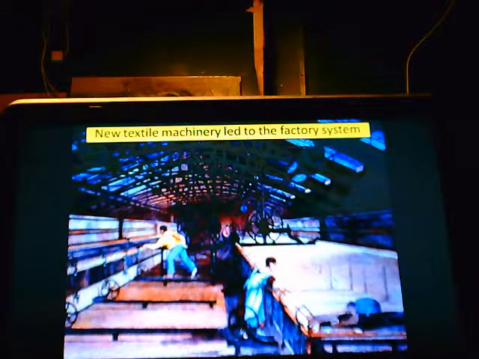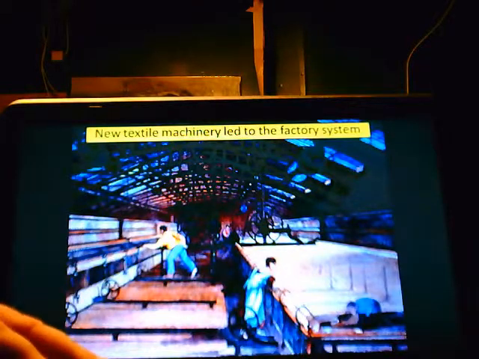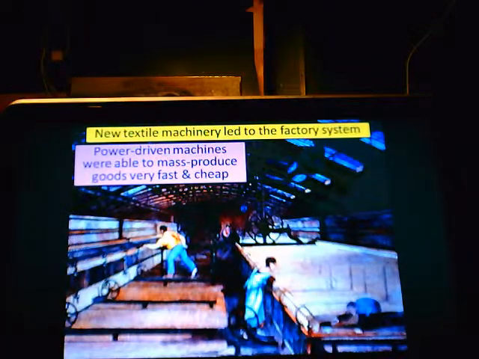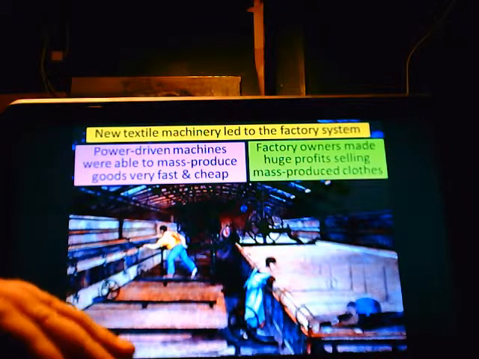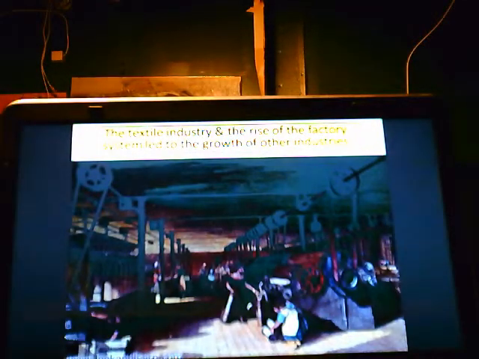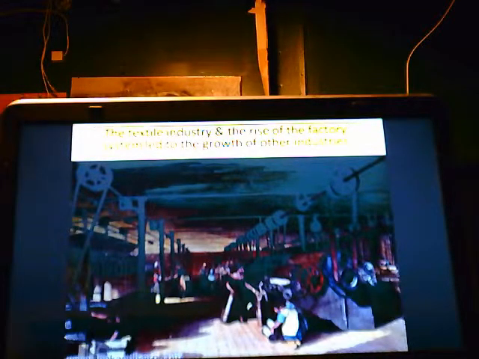New textile machinery led to the factory system. Power-driven machines were able to mass-produce goods very fast and cheap. Factory owners made huge profits by selling mass-produced clothing. The textile industry and the rise of the factory system led to growth in other industries.